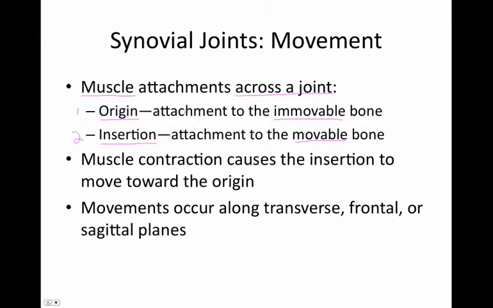So if we look, for instance, at sternocleidomastoid, what this says is that we have our origin at the sternum and the clavicle, and then we insert at the mastoid.